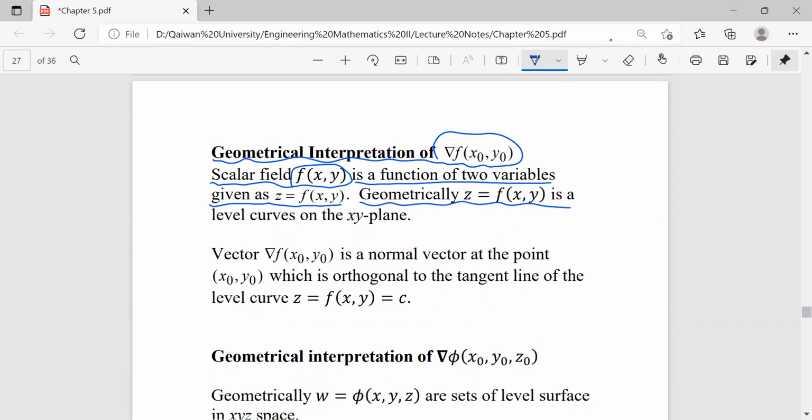Geometrically, z, which equals f of x, y, is a level curve on the xy plane.